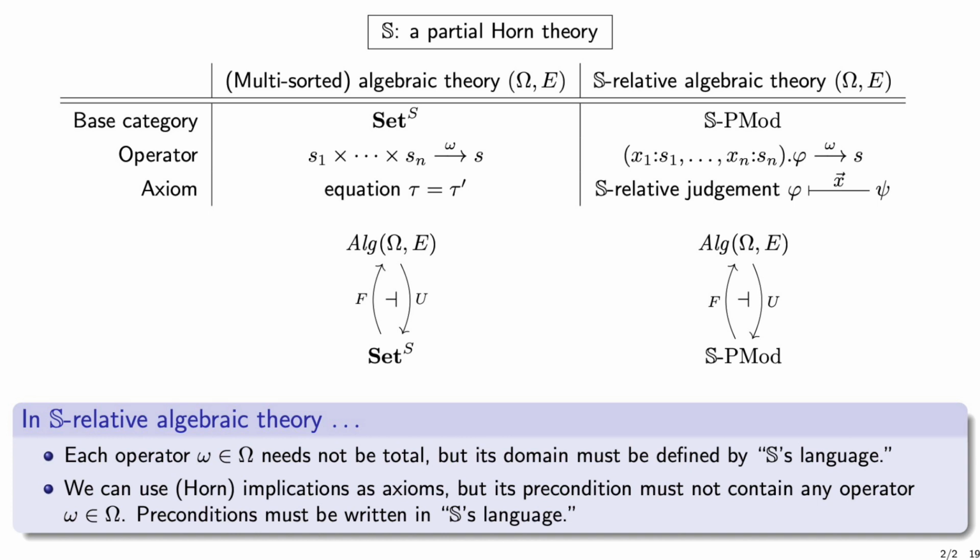Second, we can use implication as actions, but its precondition does not contain any operator from omega. That is, preconditions must be written in the S language. If you understand these points, you are a master of relative algebraic theory.